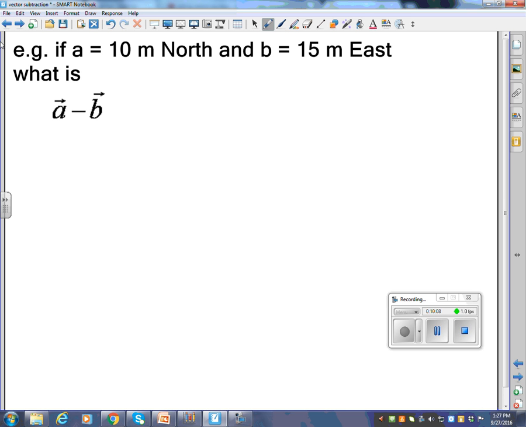How about we try one? It's right on your page there. If A is 10 meters north and B is 15 meters east, what is A minus B? So I've got 10 meters north. Let's label it. And 15 meters east. So that means minus B would be 15 meters west.